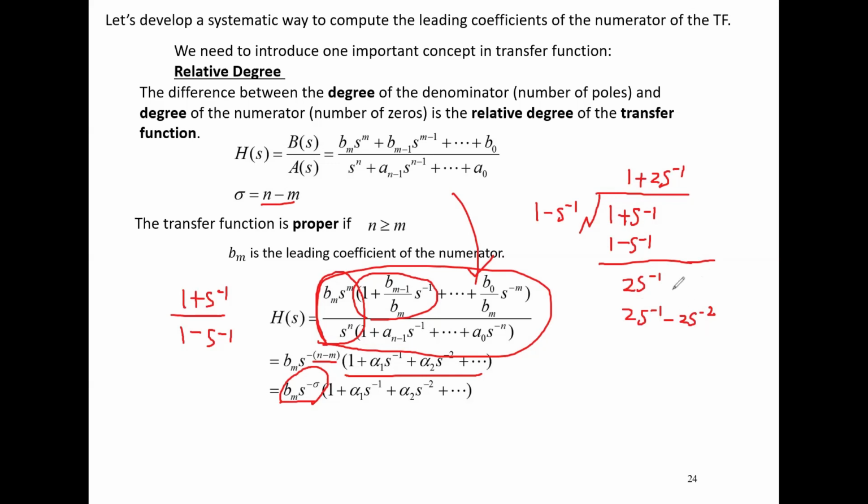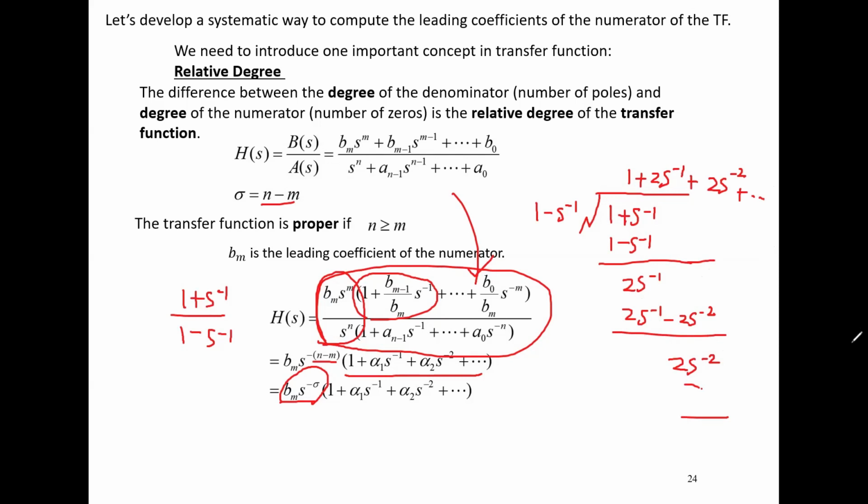I do the subtraction, then I get 2s to the minus 2. Then I have to add another term. Of course, it will never end. In this example, it will never end.